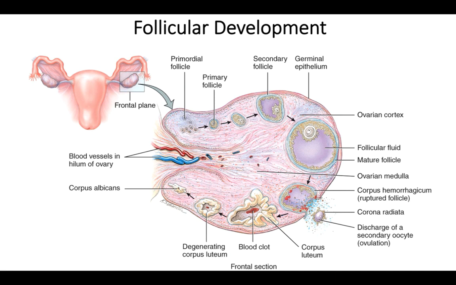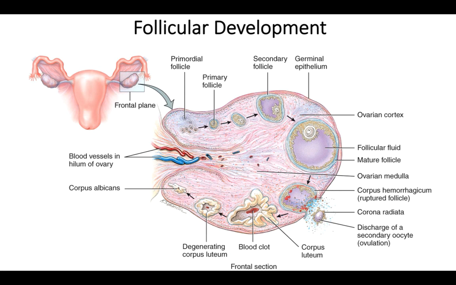But in order to get to that point, which you'll notice right here is an ovulation event, there's these stages that it goes through. And this is either called development or maturation of the follicles. So when a baby girl is born, the ovary is full of this stage, and they don't really mature until puberty, because that's when FSH is produced, or follicle stimulating hormone.